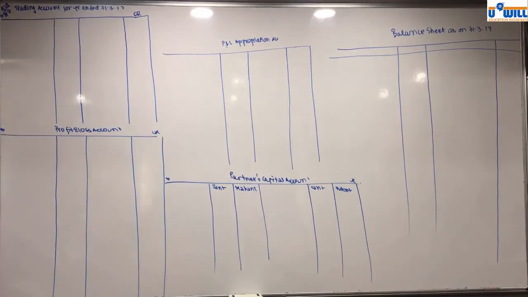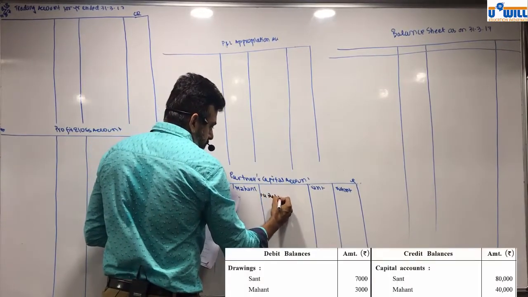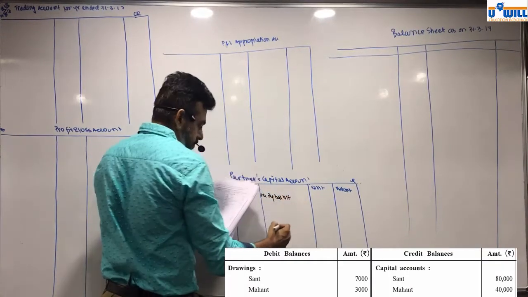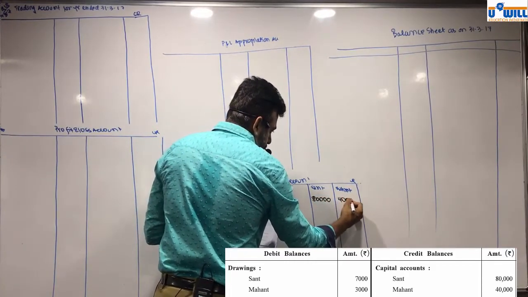Capital 1,4. By balance brought forward 80,000, 40,000.